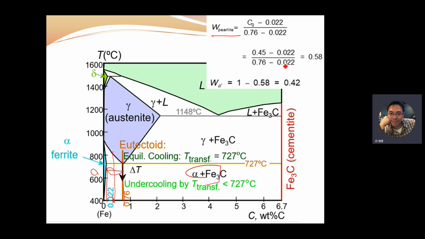So we get about 58 weight percent of pearlite, and the alpha phase is about 42 weight percent. So we'll end our course here. Okay, we'll see you next week.